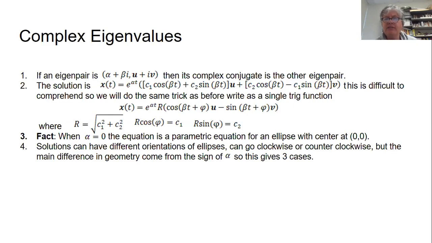And so you've got lots of different geometry associated with the ellipses, right? You've got major and minor axes, you've got how they're oriented, and you can have where that goes clockwise or counterclockwise. But the main difference in geometry comes from the sign of alpha, in that remember e to the alpha t, right? You're multiplying by an exponential.